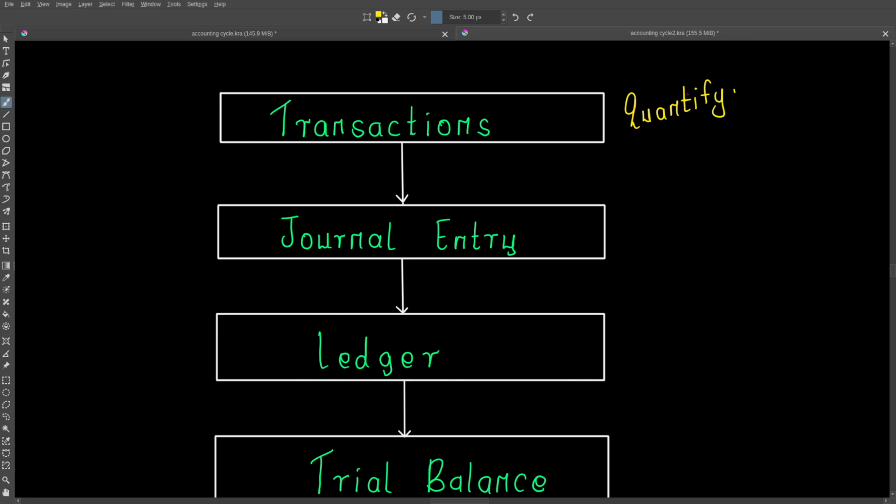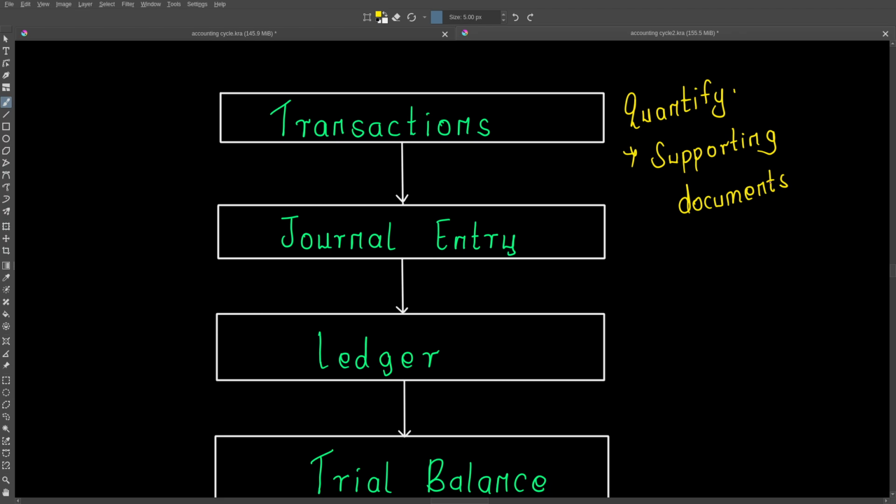So we should be able to quantify that transaction that has happened and be able as well to tie this transaction to a supporting documentation. What do we mean by a supporting documentation? We are able to see, for example, an invoice, a receipt, a goods delivery note.